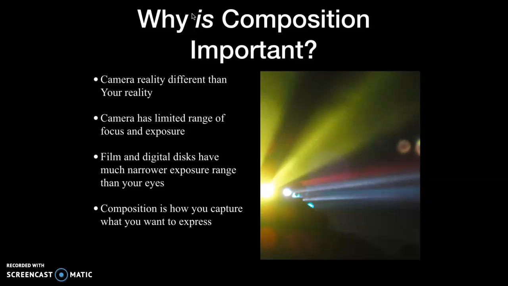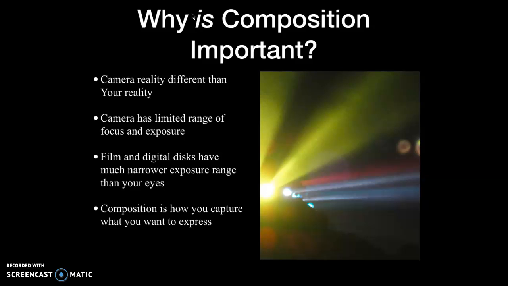So for the first part, why is composition so important? The camera's reality is different than our reality. Our eyes are made of biological processes that exist within the biological world, and what we see reflects that.